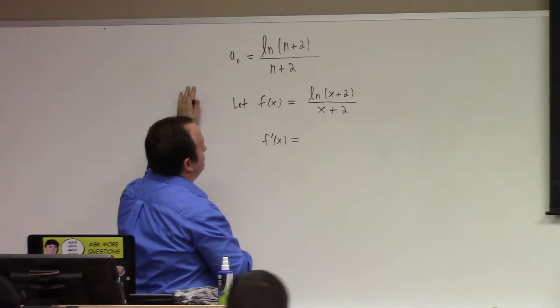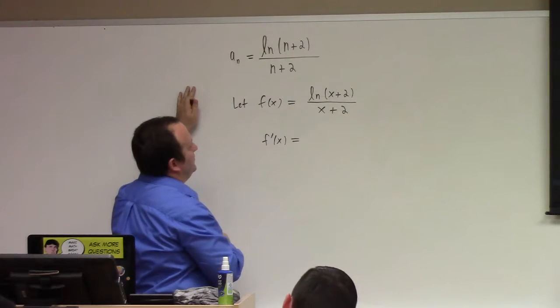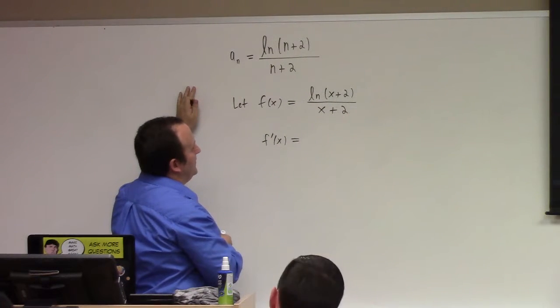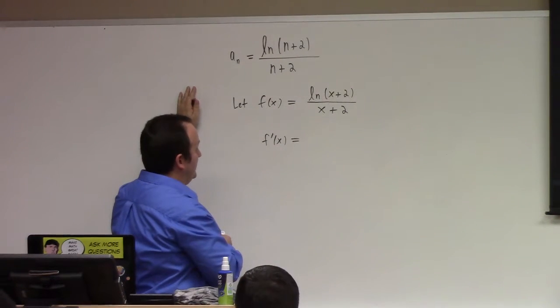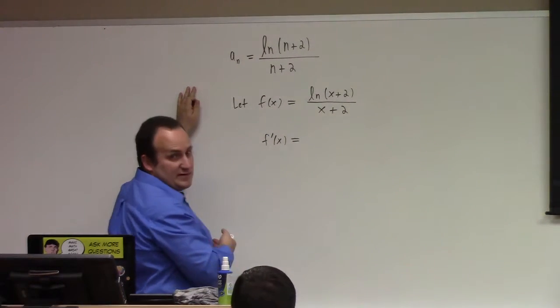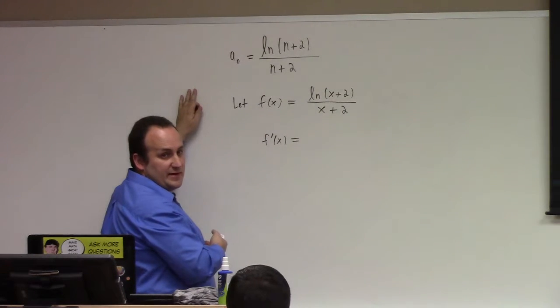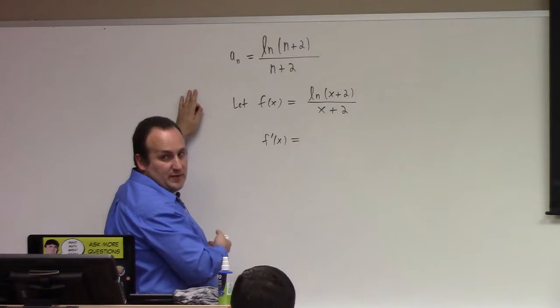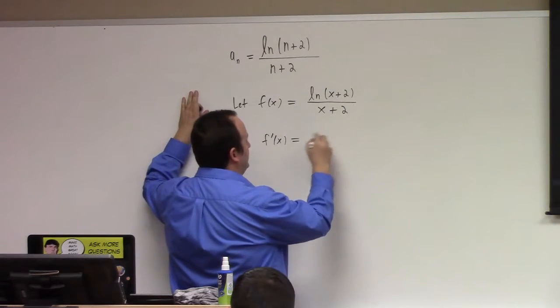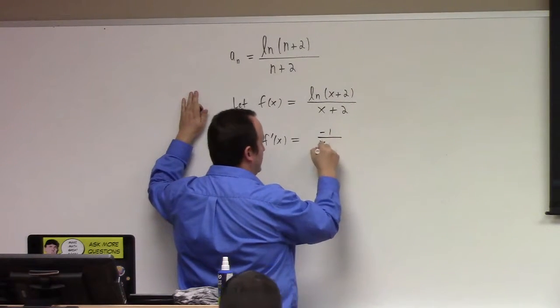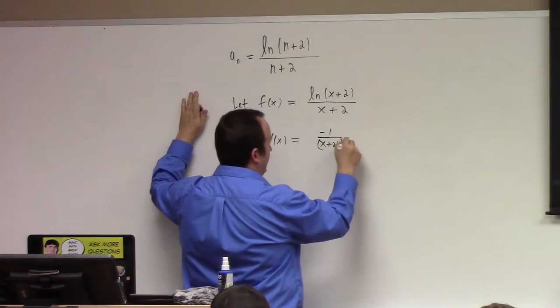But the reason I can't just do direct inequality without a lot of work is because the logarithm is increasing, but n plus 2 is also increasing, and the question is which one of them wins, right? There's a couple different ways I can come at this, but let me just calculate. So this is minus 1 over x plus 2, quantity squared.